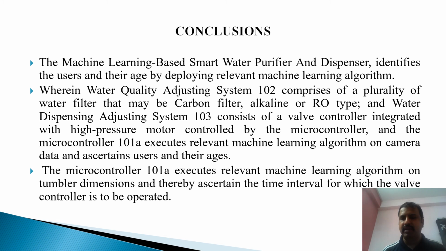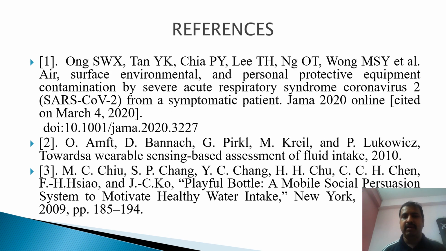Based upon the quantity of water to be dispensed, again a relevant machine learning algorithm is deployed to calculate the time required to fill the tumbler. Once it has been identified, the microcontroller further identifies the time, and it regulates the valve, and thereby it dispenses the required water.